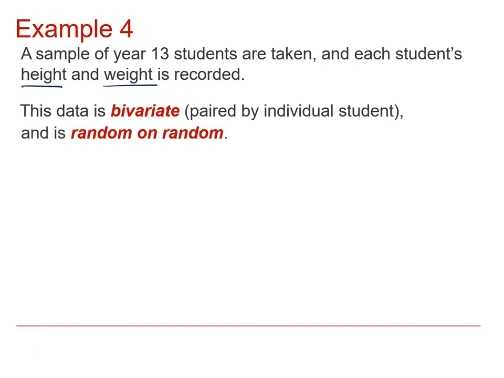And it is random on random. Why? Both are random variables. Neither are controlled by an experimenter, and there is no true weight for a given height. There's always going to be a distribution of weights for a given height, and no true height for a given weight. There's always going to be a distribution of heights for a given weight.